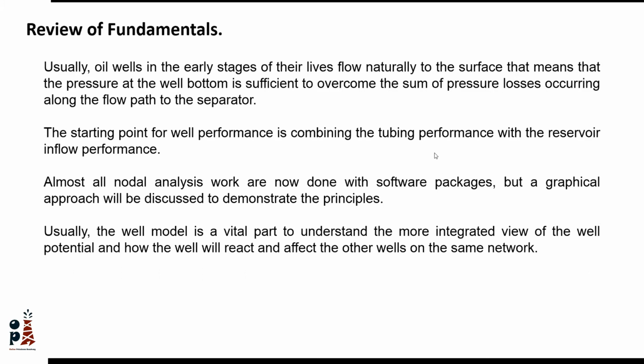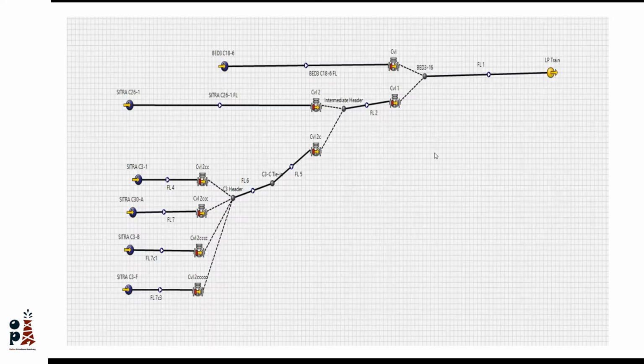So most of the modeling today is done through well modeling software, and sometimes it's done by hand just for illustration. What we do with our well models: normally in an oil field, there are some wells connected together in a network.